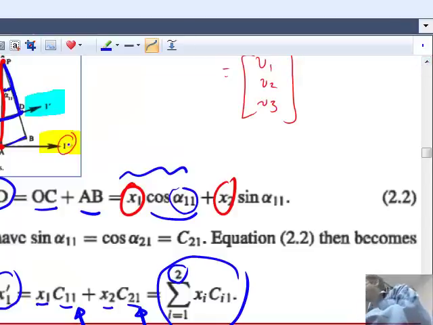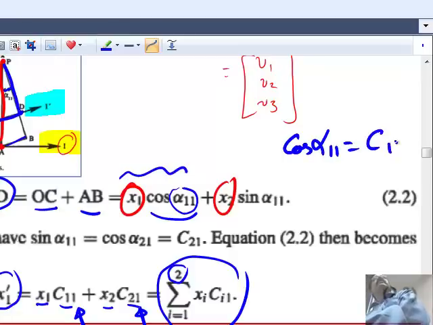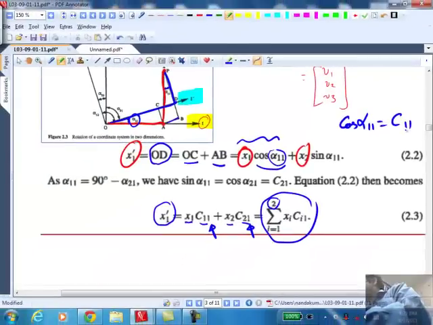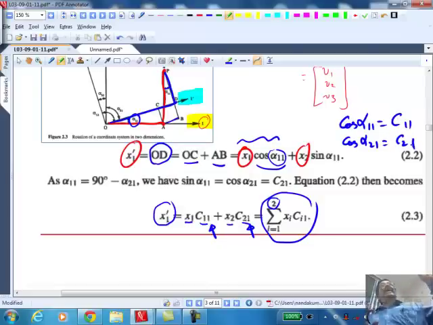So cos alpha 1,1 is equal to C1,1. And if I have cos of alpha 2,1, that is what I will call C2,1. What is that? That would be the angle between x2 and x1 prime. You understand that? No?